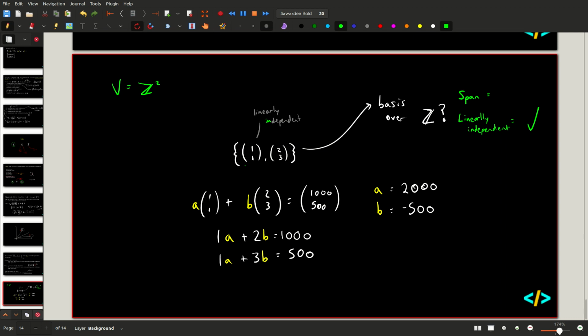And we've just proved that we can get to 1,500. Whilst this isn't an exhaustive proof, we can manipulate these values of a and b, and as long as they're in the set of integers, we can use that to reach any sort of vector we want. And so Z squared is actually the same as the span. And so this would form a valid basis because those two conditions are met.